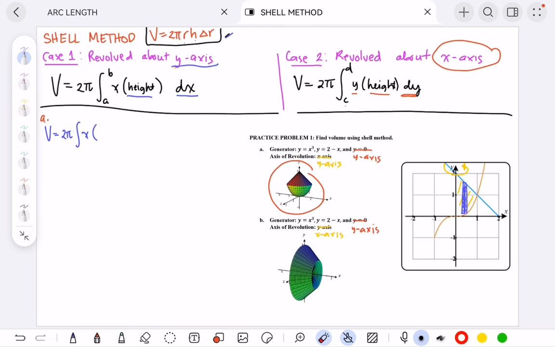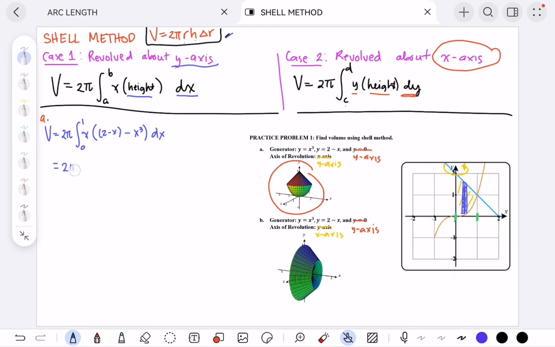So this should be 2 minus x minus x cubed dx from 0 to 1. It's from here, from 0 to 1.